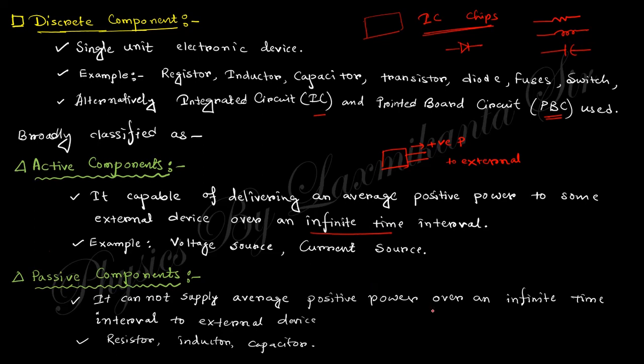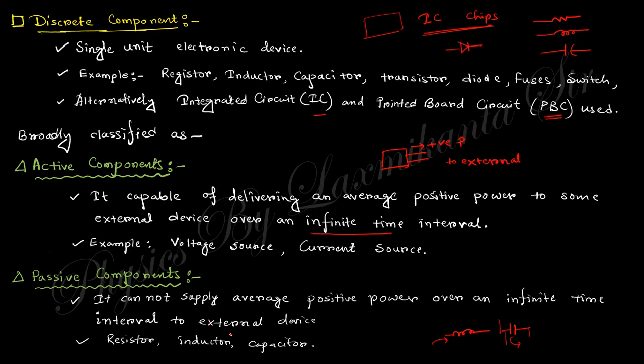For example, an inductor or capacitor can supply power, because when we supply power to an inductor, it stores energy and can give it back to the external source. Similarly, if you charge a capacitor and then discharge it, it supplies power to the external source, but not for infinite time, because the stored energy decays. That's why the inductor and capacitor are also passive components.